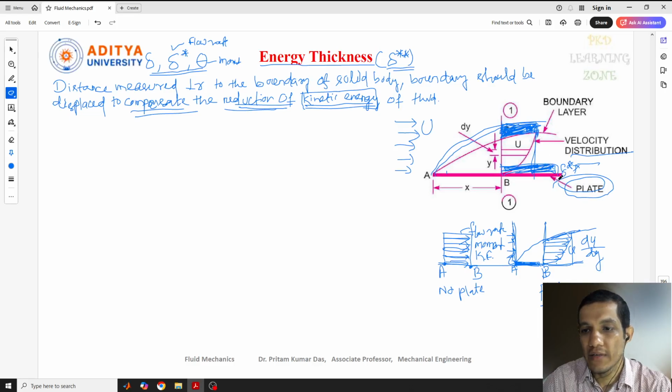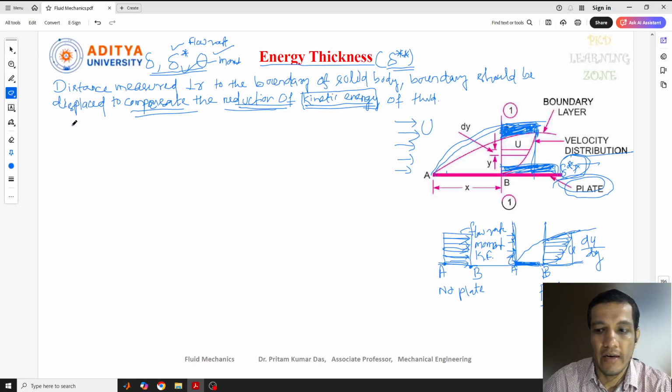How much displacement, how much thickness of moving the plate, is nothing but the energy thickness, similar to what we have discussed for the momentum and displacement thickness.